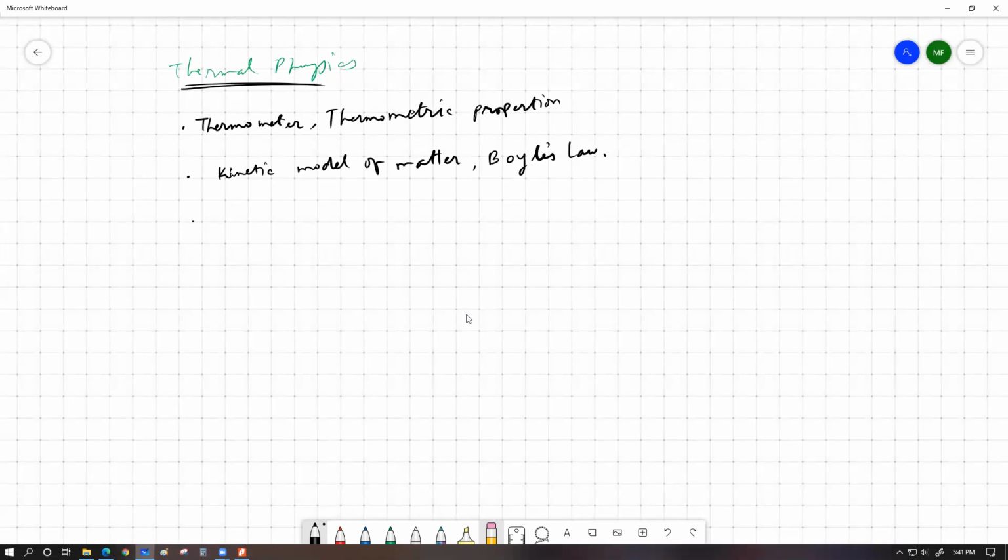The third chapter that we have is heat capacity and latent heats. This chapter deals with the most elaborate calculation part of this whole topic.